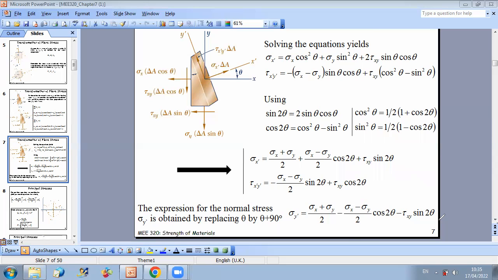In this way, you were able to find a relation between the stress in plane x prime y prime, which is rotated about the z axis with an angle of theta relative to the xy plane.